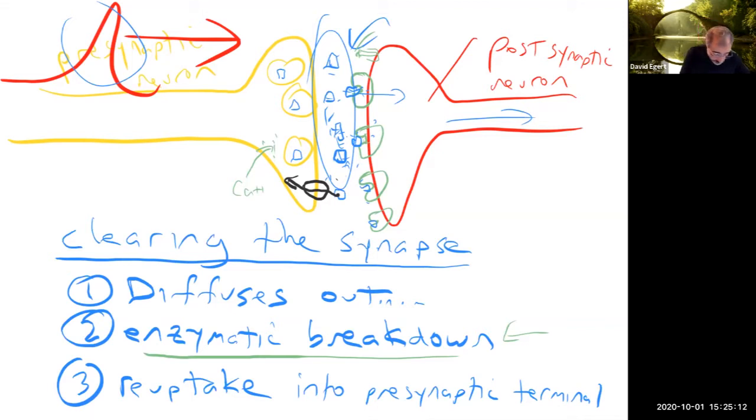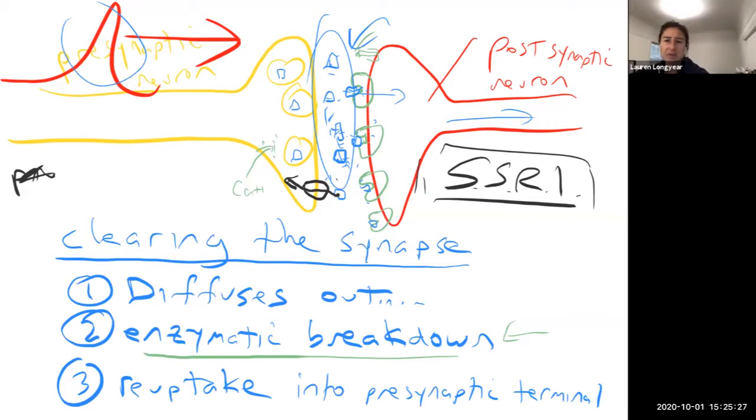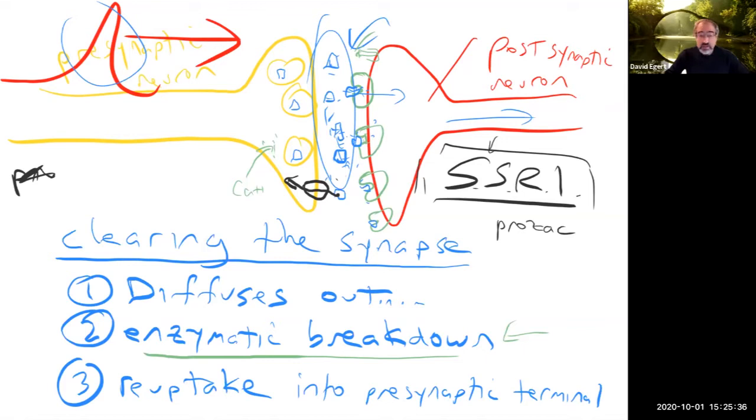In fact, when you think about what SSRIs are, SSRIs are a really super common drug people are prescribed. What is an SSRI, a serotonin reuptake inhibitor or something? Exactly. This is a selective serotonin reuptake inhibitor. This would include Prozac, for instance, fluoxetine.